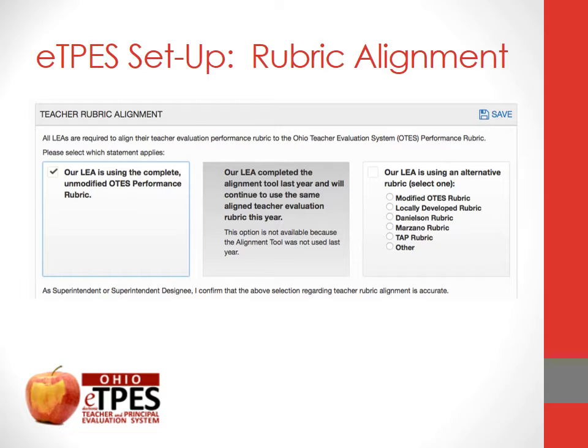If the district has used a modified rubric in the past, they will have an available choice to continue to use the modified rubric that was aligned previously. If the district is choosing to use a newly modified rubric, they will need to complete the rubric alignment tool. This screenshot shows the teacher rubric alignment choice for a district.